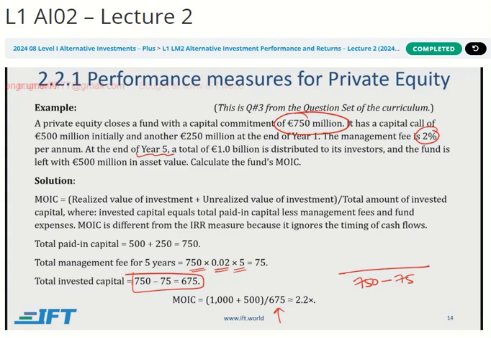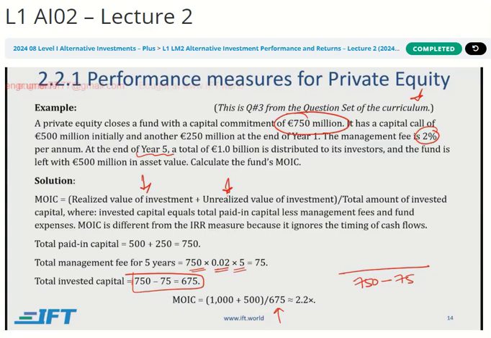Now let's talk about the numerator. In the numerator, what happens is, and this by the way is from your curriculum, so if you want you can jump into the curriculum and see the entire question as well, but let me walk you through it for now. So what's happening in the numerator? We want the realized and the unrealized, right? So that's the beauty of this, that we get the unrealized as well. Now, how much is the realized?